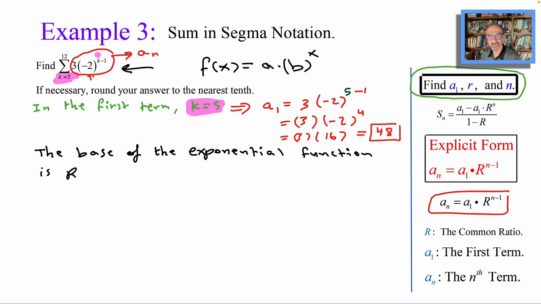That's how exponential functions look like. And exponential functions are somehow related to the geometric sequence, except some differences. And if you remember, if the base is greater than 1, we call it growth. If b is a fraction between 0 and 1, we call it decay. So the base that we are multiplying by, in this case, is not called b, it's called the common ratio r. So, therefore, r is negative 2.